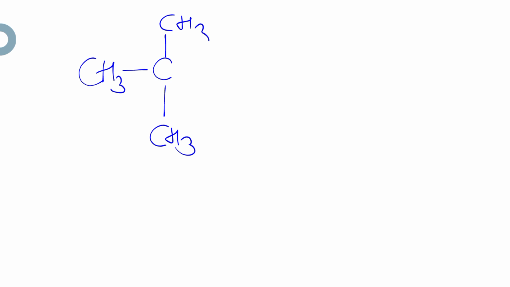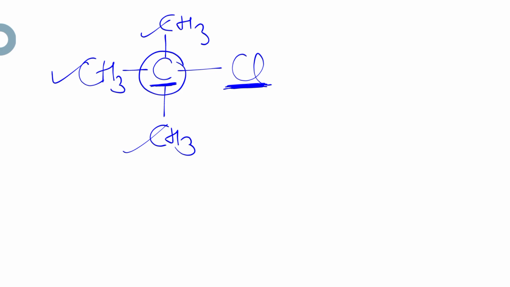Like there is CH3, CH3, CH3, and this is Cl. Now look here: the chlorine group is connected with the first carbon atom, and that carbon is connected with three other alkyl groups. These alkyl groups are the basic basis for the classification of primary, secondary and tertiary haloalkanes.